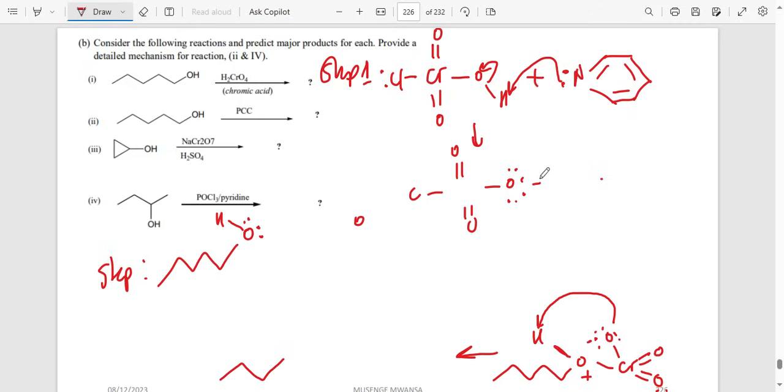Okay, so we want to make something that has a negative here for the sake of this grabbing that you can see here, which is intramolecular grabbing.